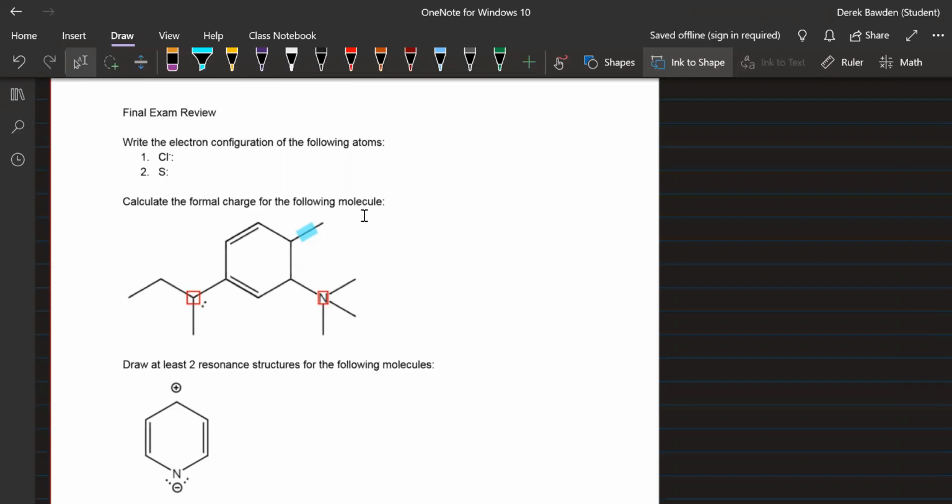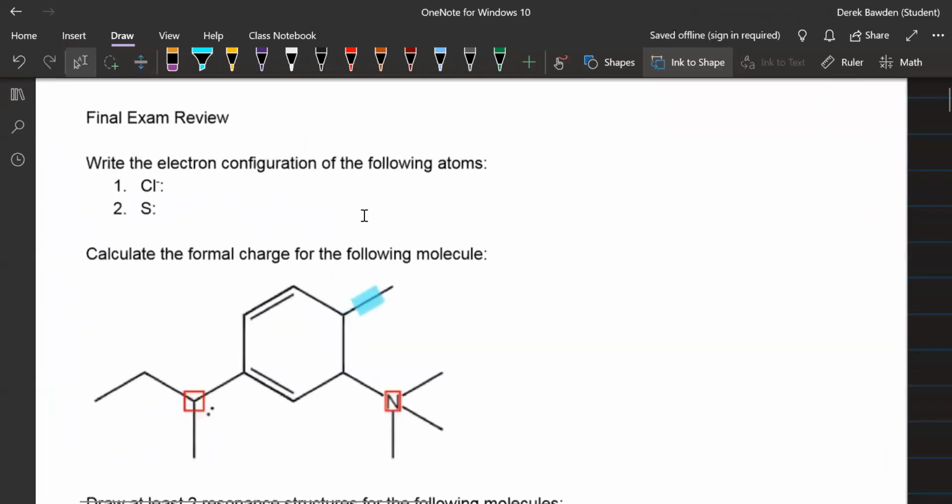Okay. So we're going to write the electron configuration for the following atoms. Does anybody remember how to do this? What do we start with? Atomic number, perfect.